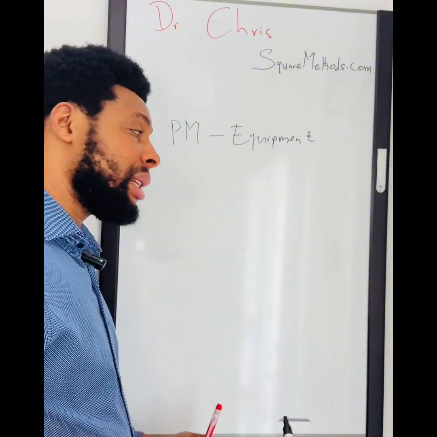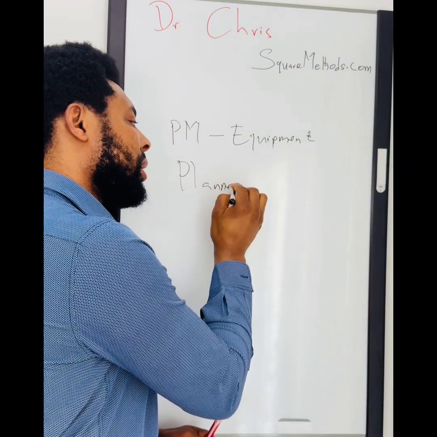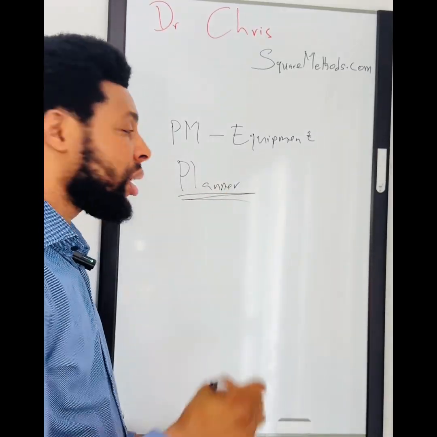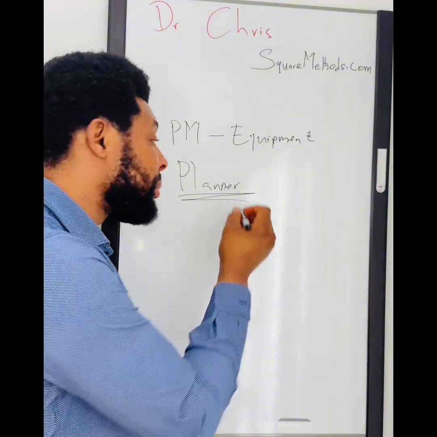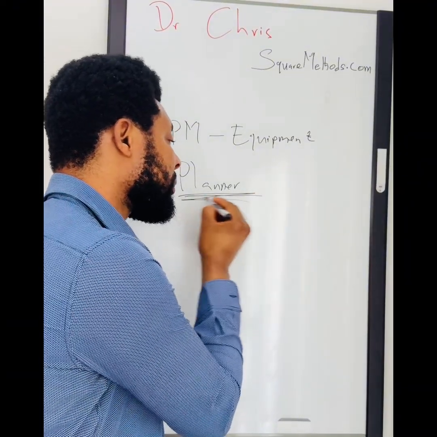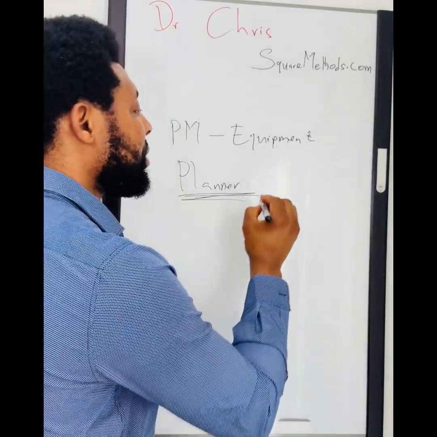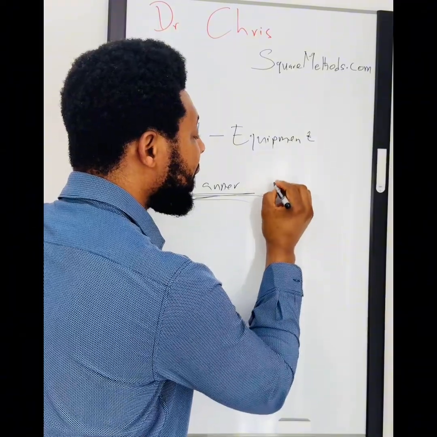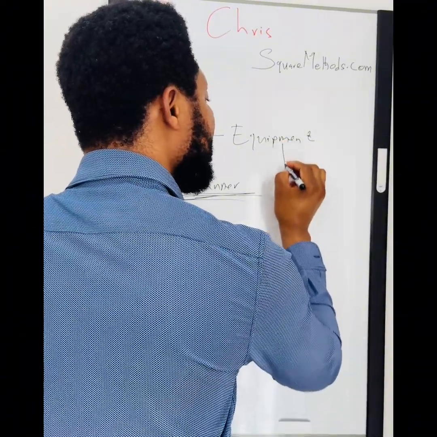As a maintenance person, the planner, for example, you have a very big job. In fact, this is one of the most important positions in maintenance engineering, the planner. As a planner, you are supposed to break this equipment down into a hierarchy.